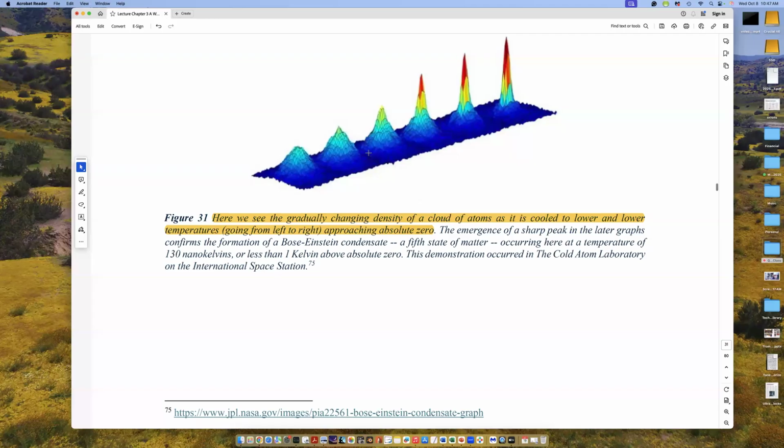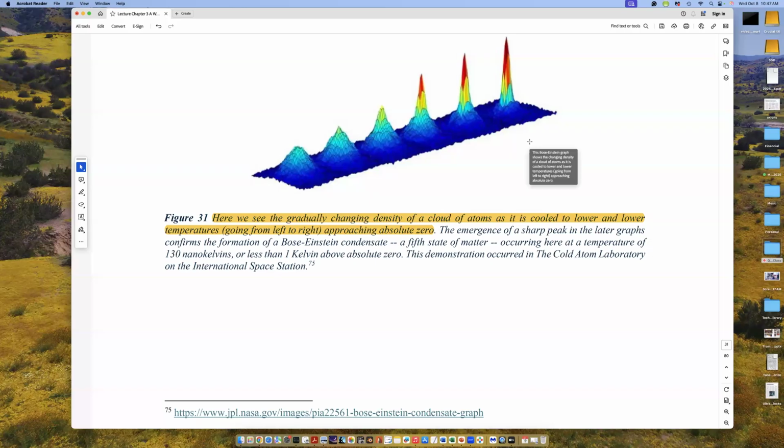And here we see this is data from the experiment as the temperature in the system was reduced. And now this is an everyday thing. There's a company in Boulder called Cold Quanta who will sell you a machine for creating Bose-Einstein condensation.